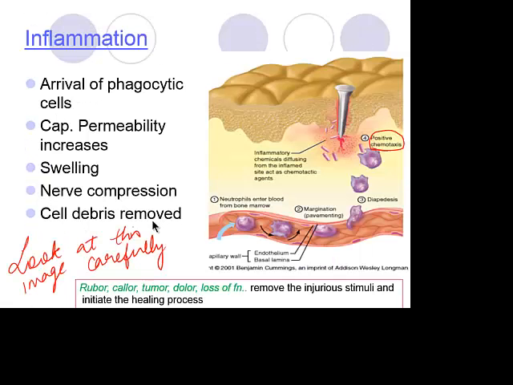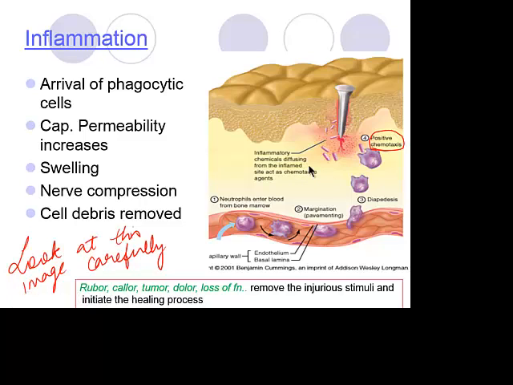Okay, let's take a look at inflammation, which I told you we'll talk about later. So inflammation is when something has injured, has breached the first line of defense, has come in here, and damages tissues. And so inflammatory chemicals are liberated, and they act as what are known as chemotactic agents.